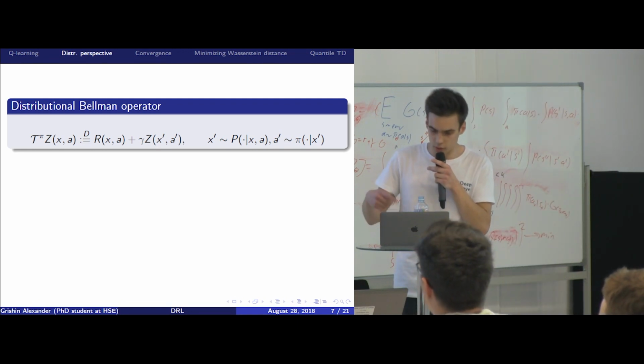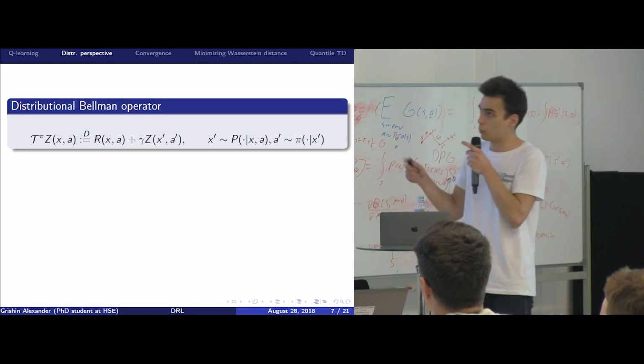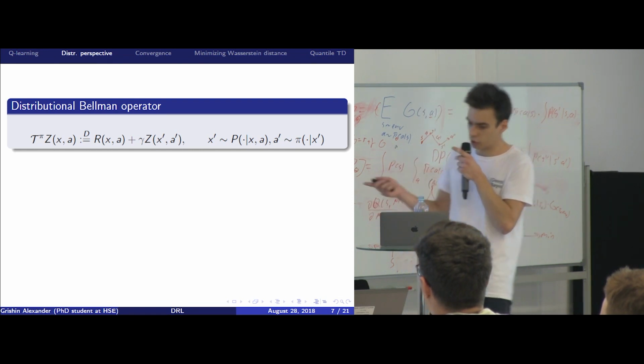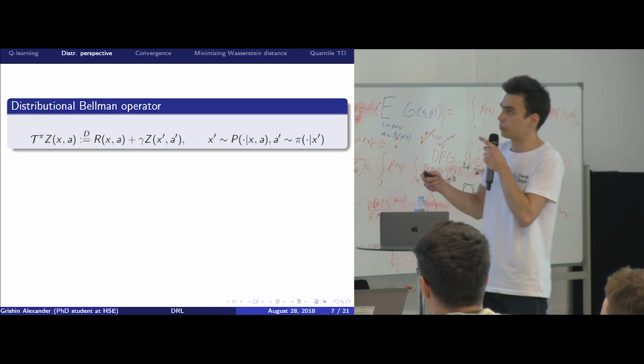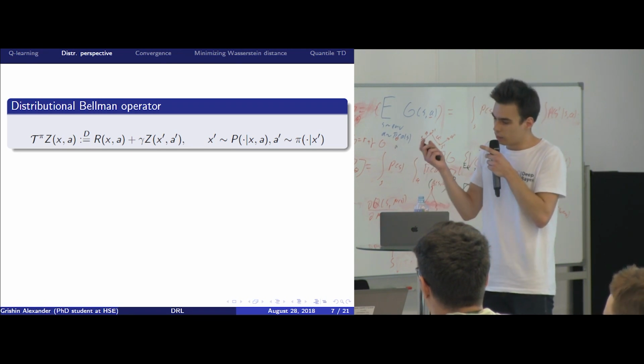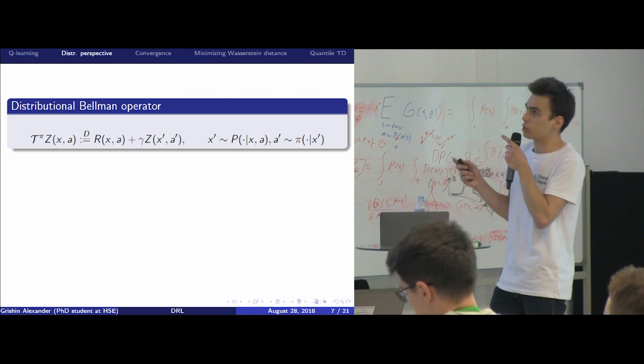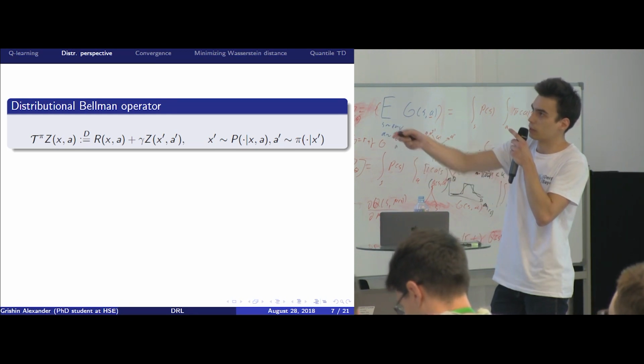In contrast, in distributional RL, the value distribution replaces the value function. So we will refer to the value distribution as a random variable Z.